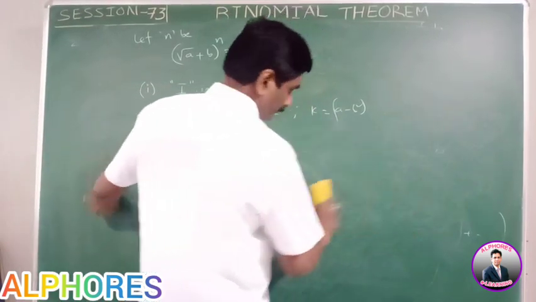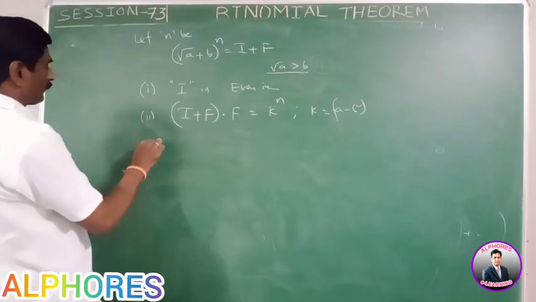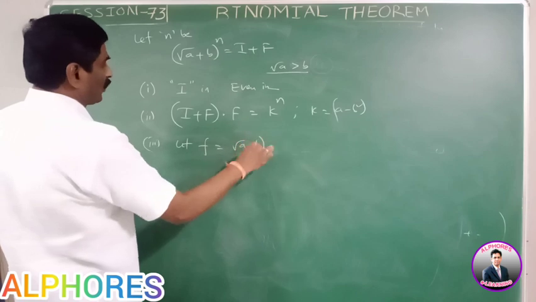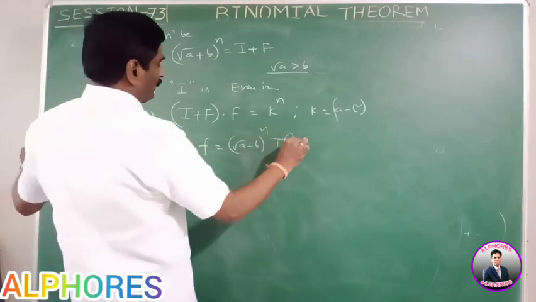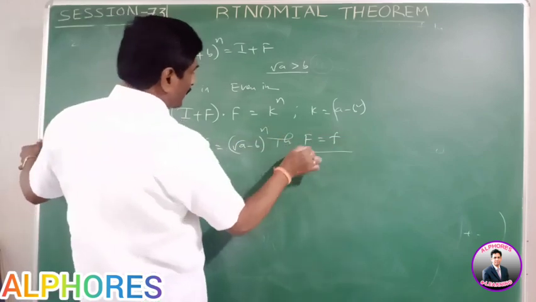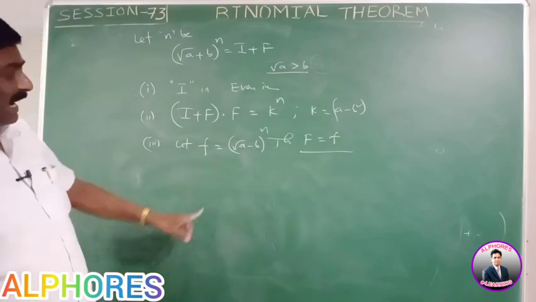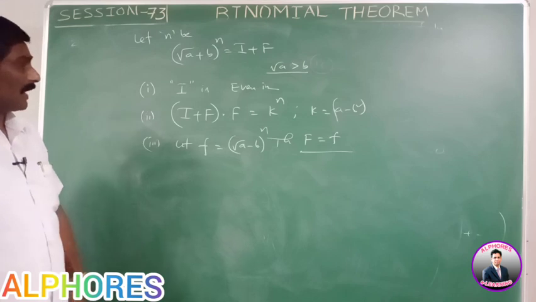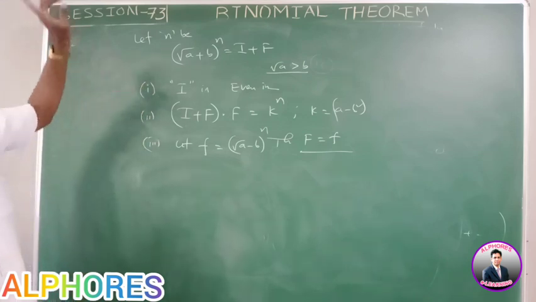Third point: let small f be equal to (root a minus b) whole power n, then capital F is equal to small f. It is also very, very important. Please note these values. By using these properties directly we get the answers.